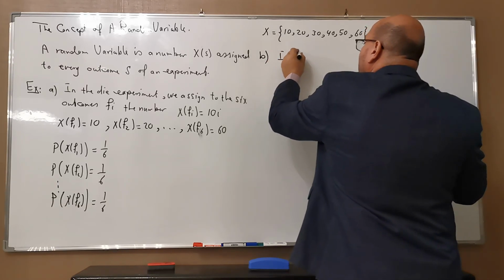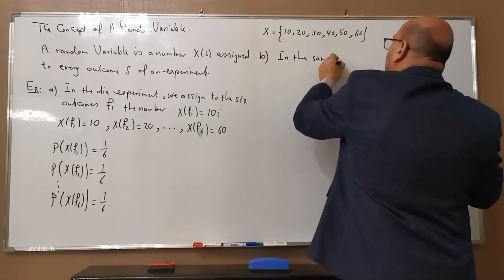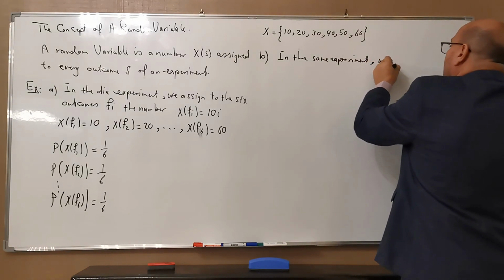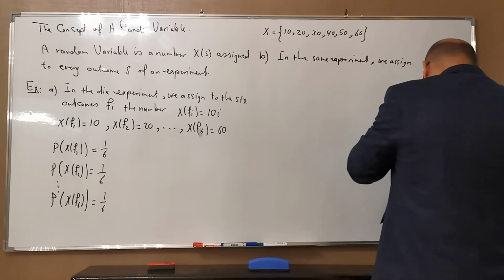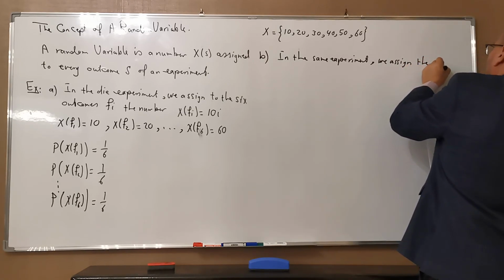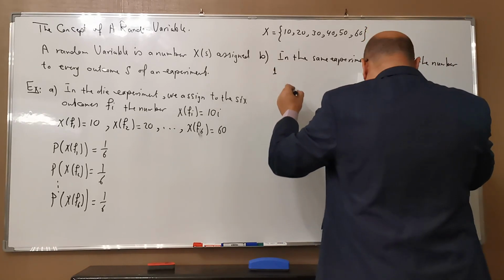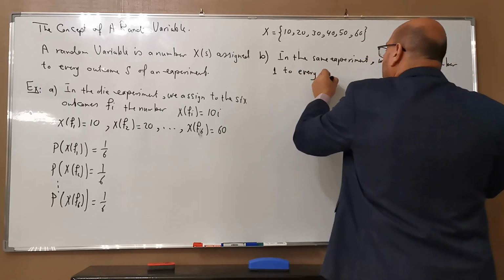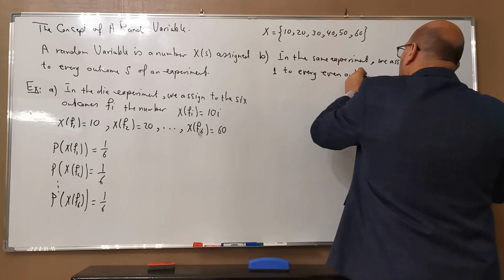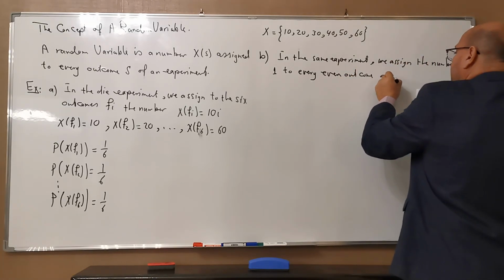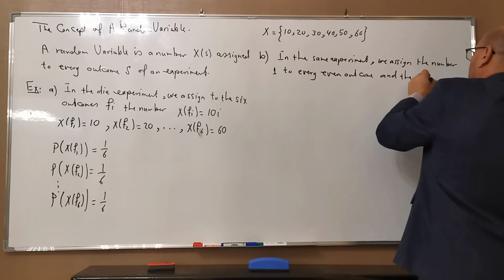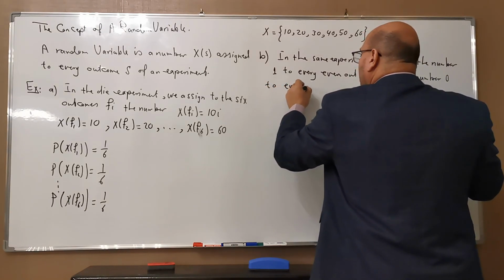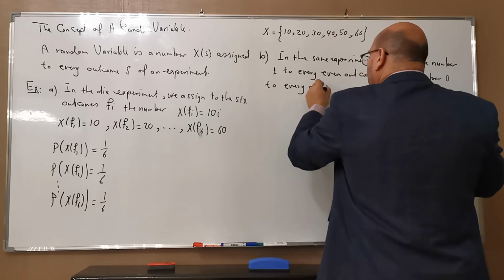So in the same experiment, we assign the number 1 to every even outcome, and the number 0 to every odd outcome.